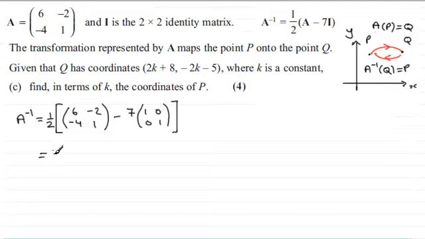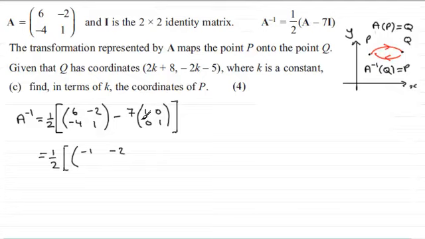So what we've got then is a half, and we multiply this with the matrix 6 minus 7. If we look at the first element, 6 minus 7, that's going to be minus 1. We've got minus 2, minus nothing here, so it's going to be minus 2.